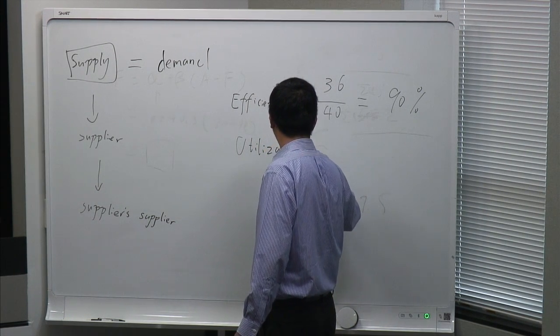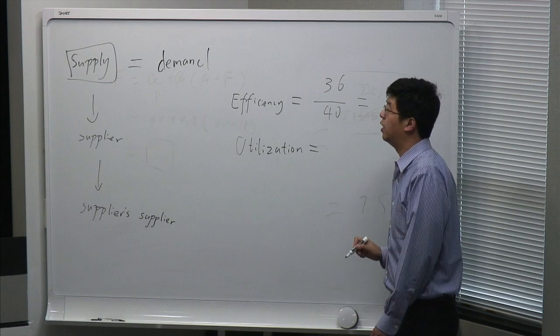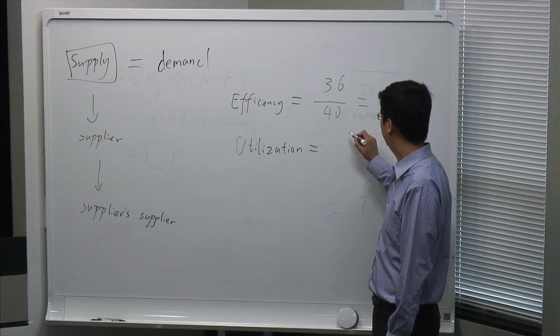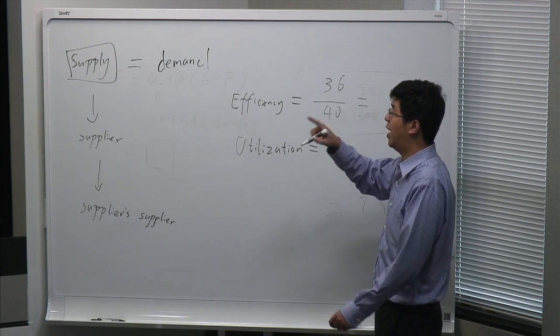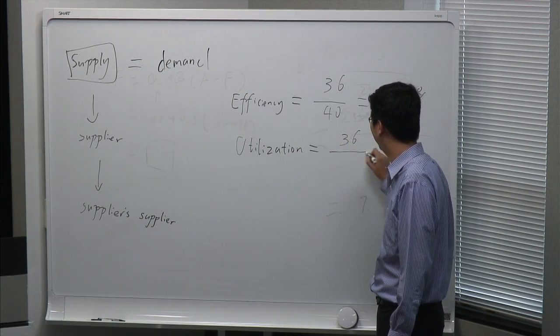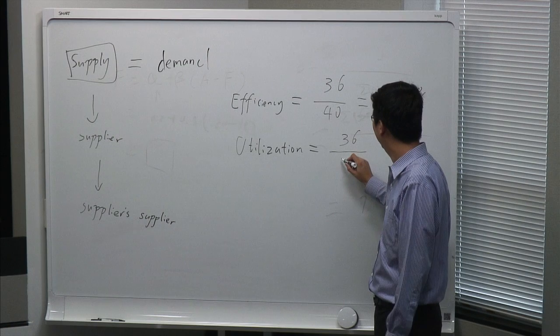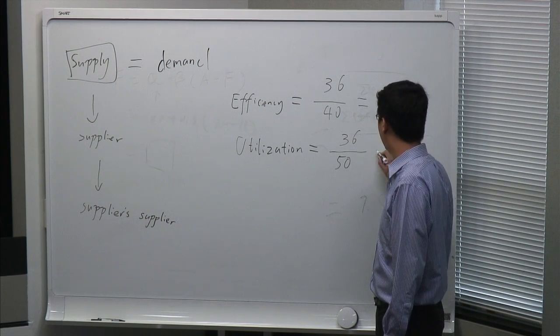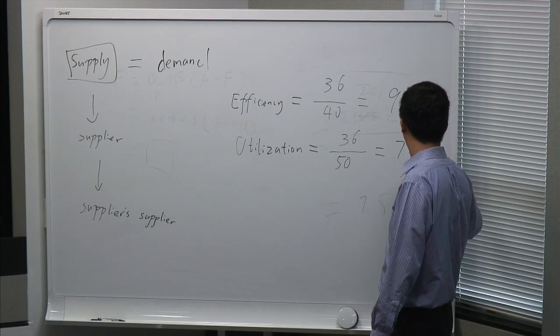Utilization is actual output divided by the design capacity. Sorry, it's actual. Actual divided by design: 36 over 50, so that's 72%.